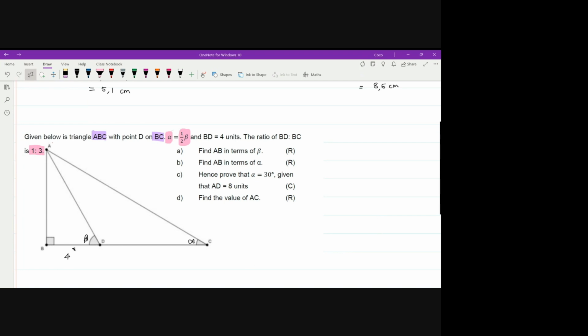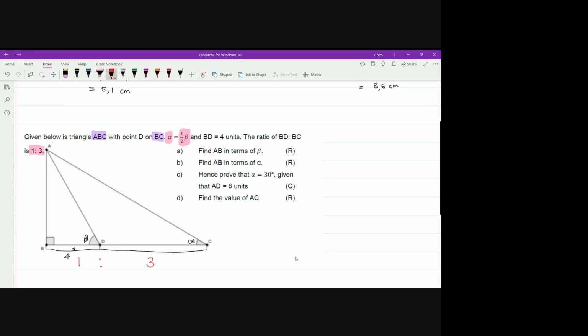All right, let's think about this. They're telling us what the ratio actually is, right? Let's start with the ratio, because we know that from here all the way up to here is a ratio of 1:3, right?